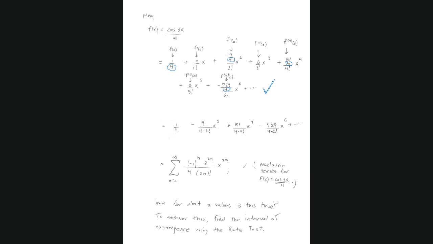We got 1, we got negative 9, positive 81, negative 729. So the series is clearly an alternating series, but also you have 1, 9, 81, 729. Gee, 1, 9, 81, 729.